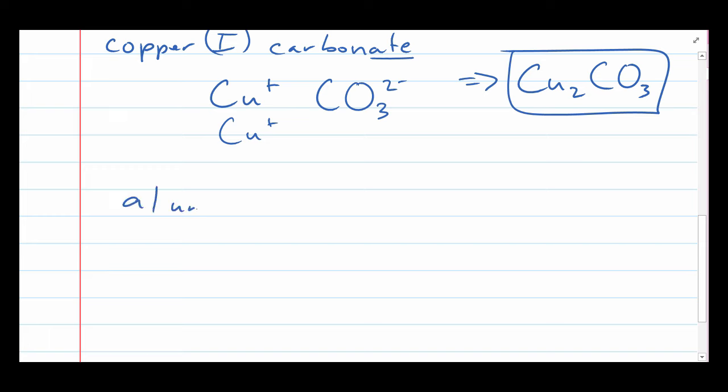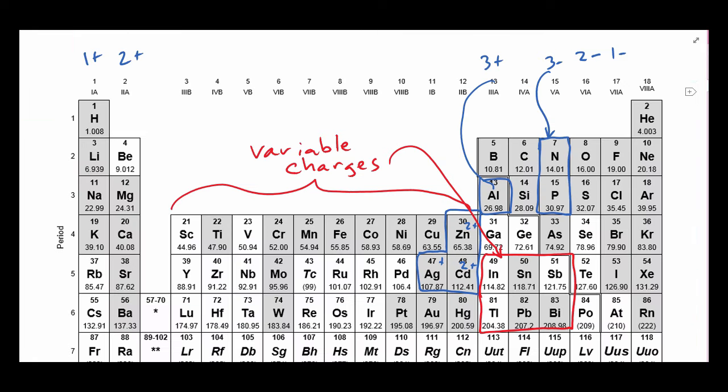Okay, let's look at aluminum acetate. Aluminum acetate. For this one here, aluminum, we can determine its charge based on position in the periodic table. Aluminum will always have a charge of 3 plus.